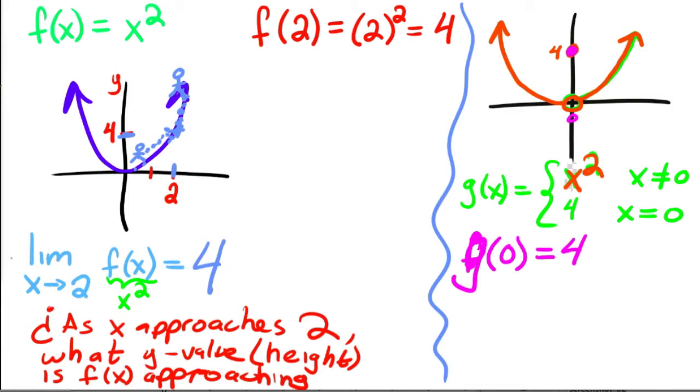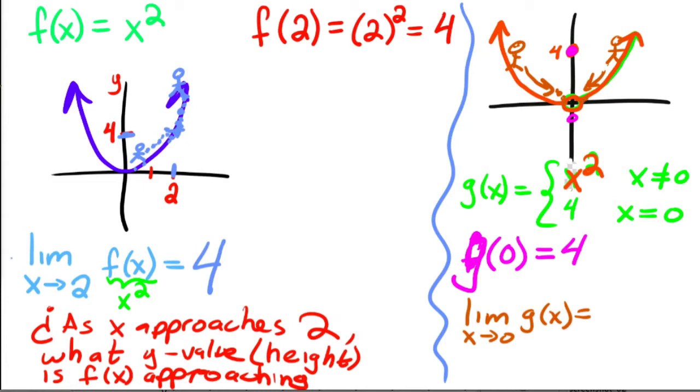Okay, but now if I ask what's the limit as x approaches 0 of this function g of x, this time it's a little bit different, because if you think of it, if you're right here and you're walking towards 0, you're just walking along, happy-go-lucky, you're not approaching 4, you're getting closer and closer to 0.